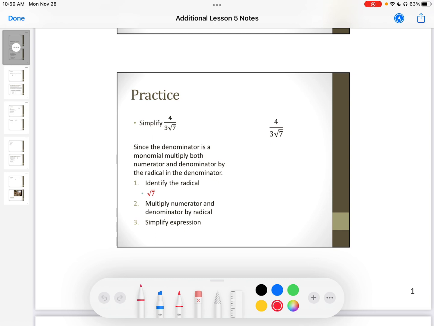Well, back in the day when calculators were not as fancy as they are now, due to the order of operations, we needed to be able to multiply 3 times the square root of 7 for 4. Wow, I'm sorry, guys. Order of operations: we should have 4 divided by 3 times the square root of 7.